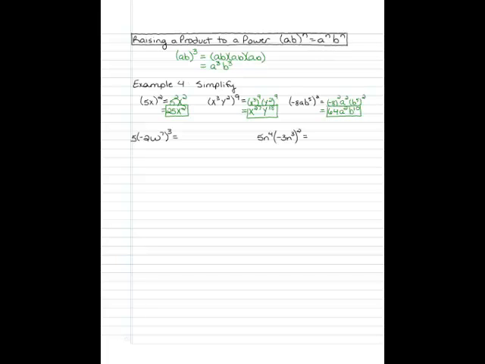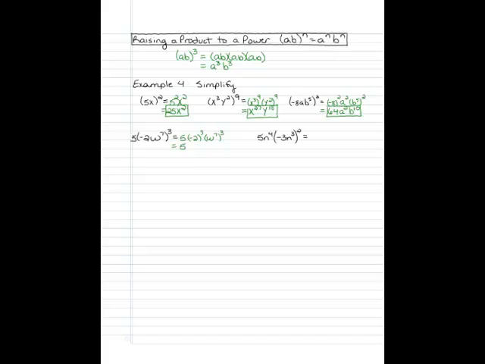Next, we have 5 times, inside the parentheses, -2 times w to the 7th. All of that raised to the 3rd power. So it's important that you work with the exponent before you multiply. So we're just going to leave the 5 alone for now. We're not going to do anything with that, but we are going to raise everything inside the parentheses to the 3rd power. So this would be -2 cubed and w to the 7th cubed.